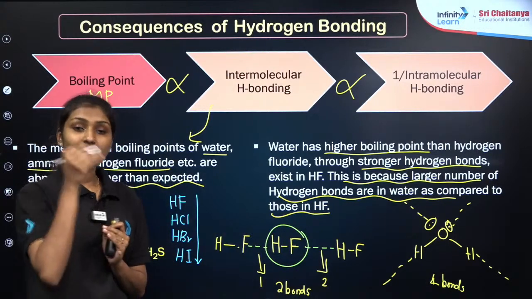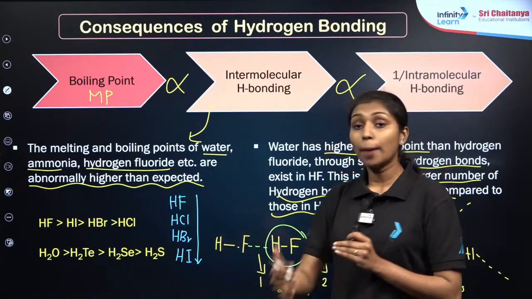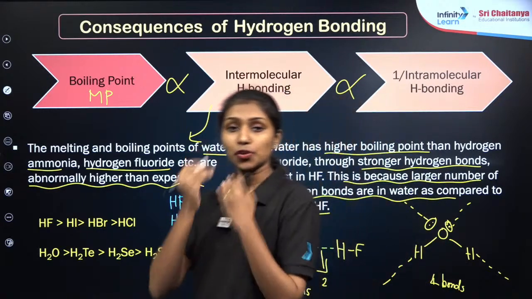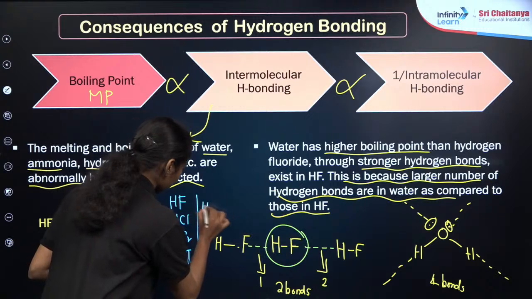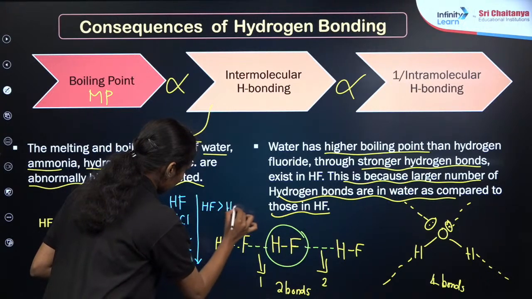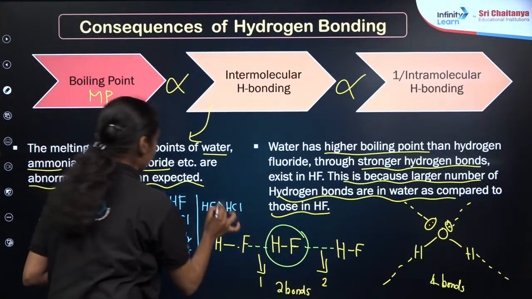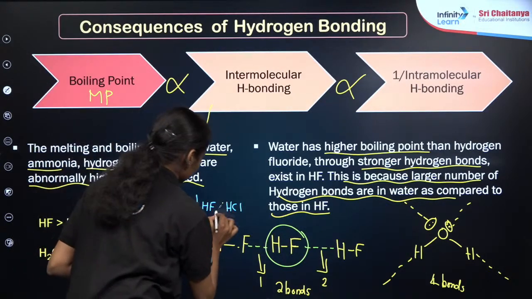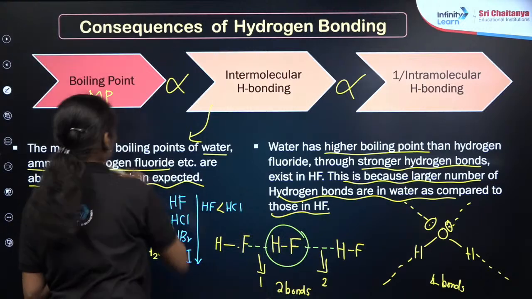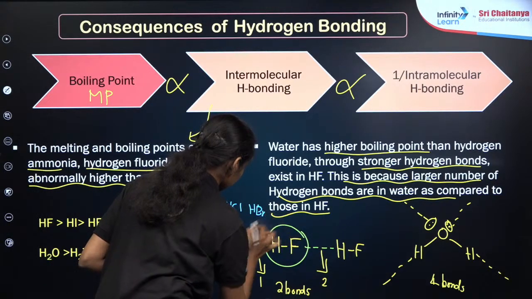In general, whenever we are moving down the group, as the size increases, the boiling point also increases. So we are expecting the increasing order of HF, HCl, HBr and HI.